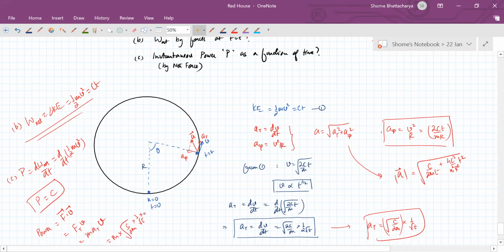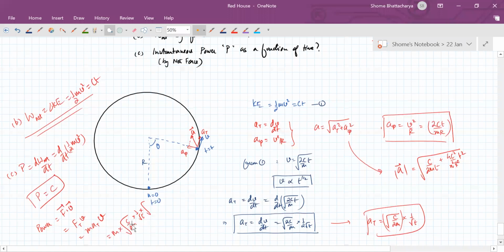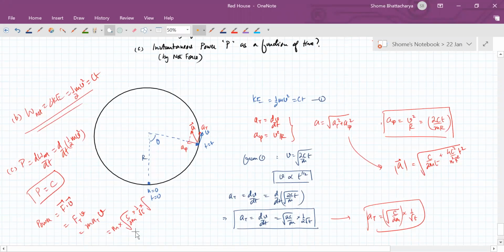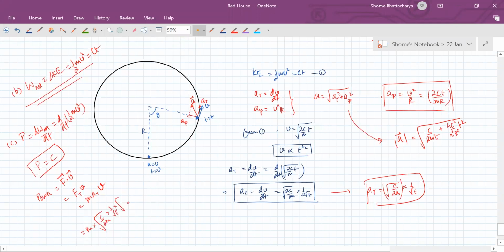Into the instantaneous velocity is this thing. So you see all this stuff cancels out and we are left with just c.